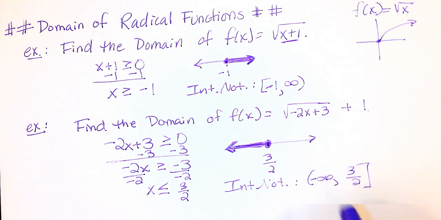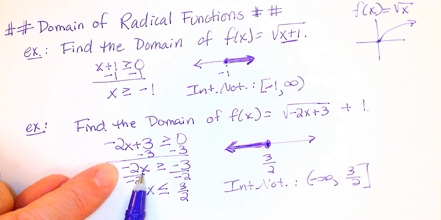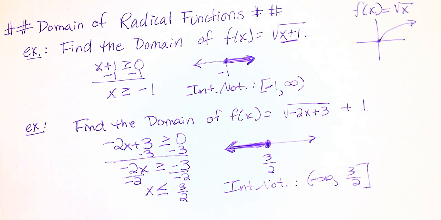Okay, so again, I have a bracket, but notice what happened here. Because I had a number that was negative in front of the x, it flipped it around. So now I'm going to the negative infinity direction, then up to that number. So that would be how you find the domain of radical functions when it's given to you in function notation.